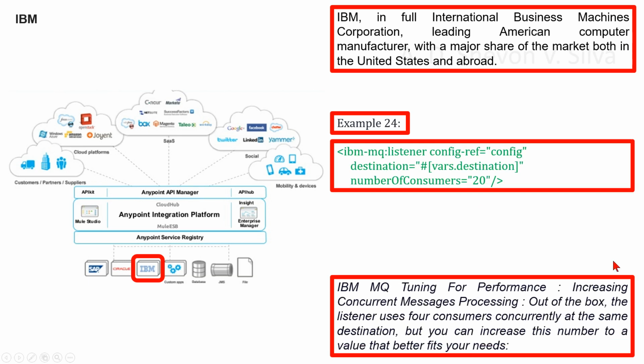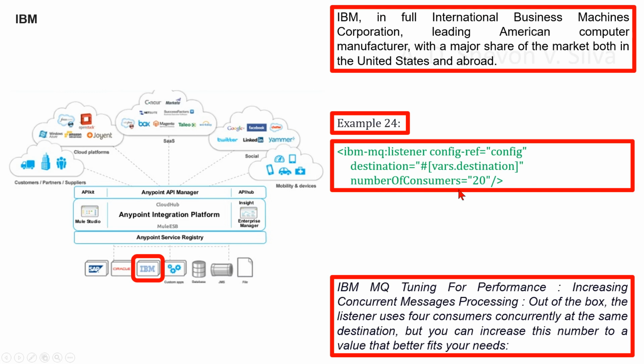Now we are considering increasing concurrent message processing in IBM MQ tuning for performance. A good way to improve the performance of your application is to increase the number of concurrent consumers that receive messages from the same destination. This can be done easily in the IBM MQ connector by configuring the number of consumers parameter.